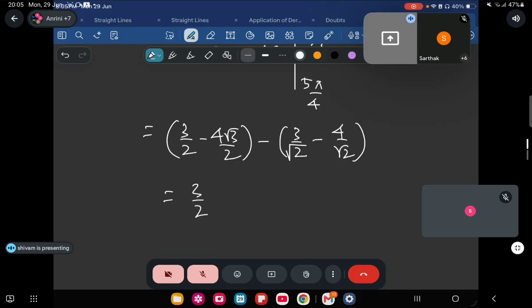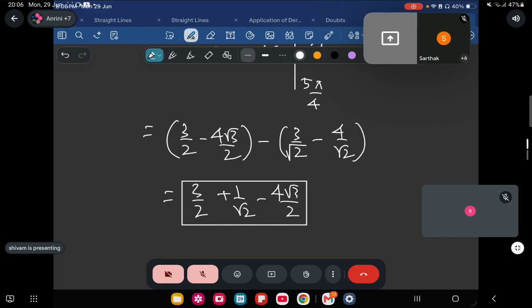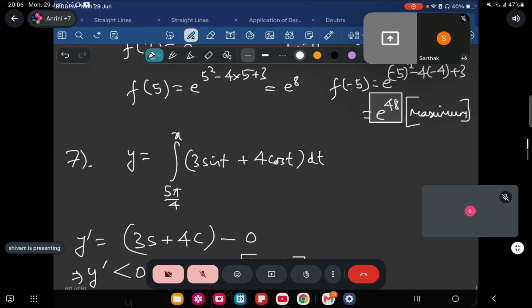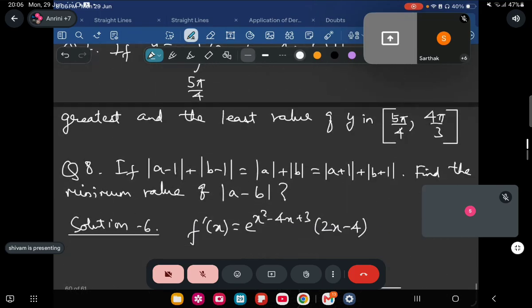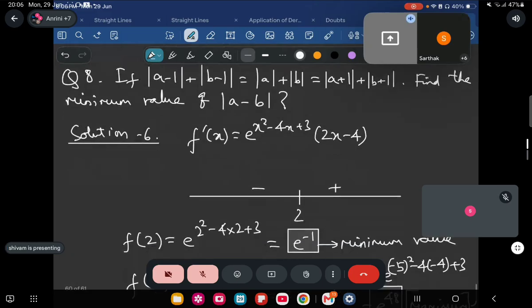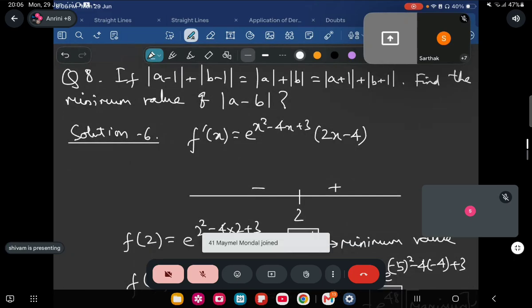Now 3 by root 2 minus 4 by root 2 will give us minus 1 by root 2. So you are getting plus 1 by root 2 minus 4 root 3 by 2. Is it clear, Sarthak? Tell me. Hello, Sarthak, have you understood? Yes, sir.